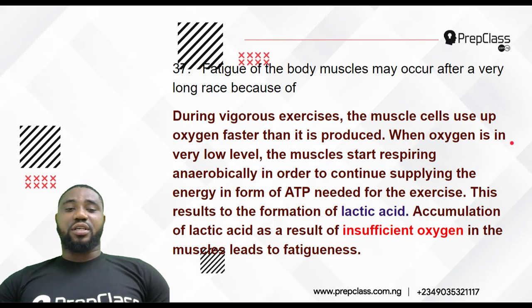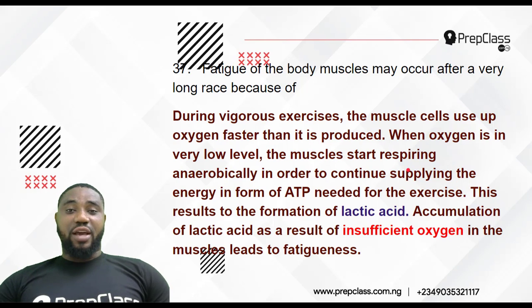When oxygen is at a very low level, as the muscle cells are consuming oxygen faster than it is being produced, a time will come when there is insufficient oxygen because the muscles have consumed so much. So when oxygen is very low, the muscle cells start respiring anaerobically in order to continue supplying the energy in the form of ATP that is needed for the exercise.